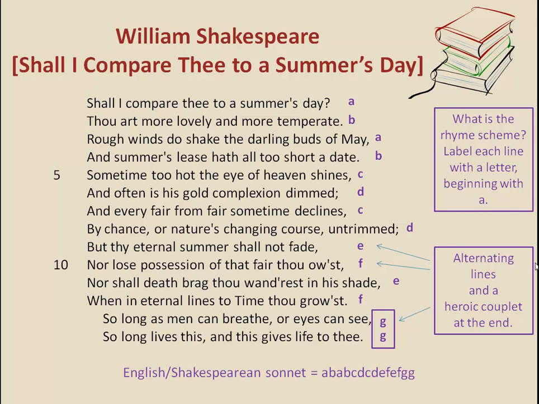Quatrains would be for the 4 lines. And then at the very bottom you have a neat little couplet. This one happens to be heroic because, as we defined in the other slides, the meter and the rhythm are iambic pentameter. So we don't just have any old couplet. We have a heroic couplet since it is in iambic pentameter.